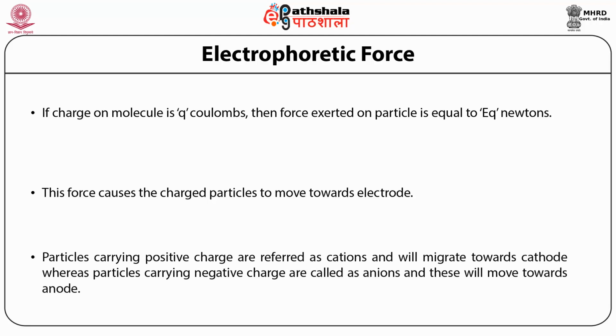Cations carry positive charge and move towards cathode. Similarly, anions carry negative charge and move towards anode. If charged particles reach electrodes, these will be neutralized there. In electrophoresis, voltage is stopped before charged particles reach electrodes.